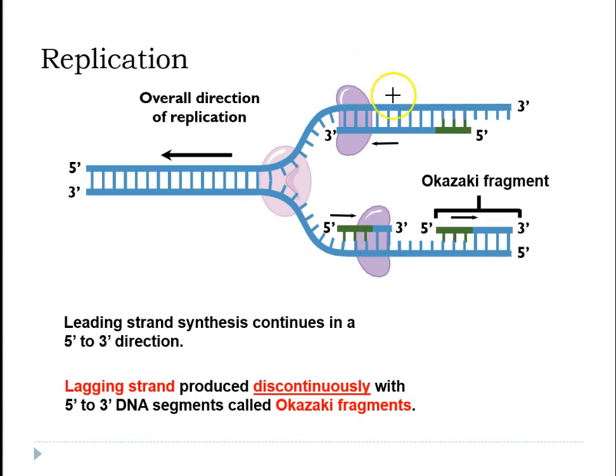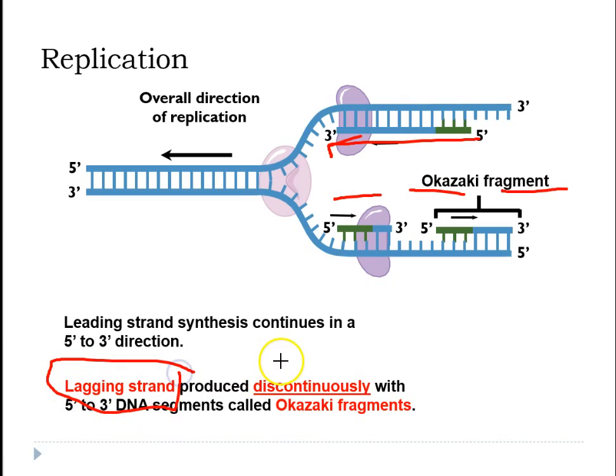So here, because we can continuously keep going, it's called the leading strand. And this one's going to make tiny strands on the other side. It's called the lagging strand. You might hear other videos online call them Okazaki fragments, but I like to use the word lagging strand. Leading strand, lagging strand. This can go in one continuous piece. This is going to go in little tiny spurts.